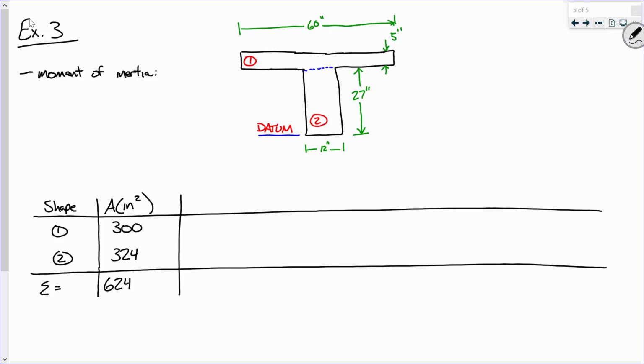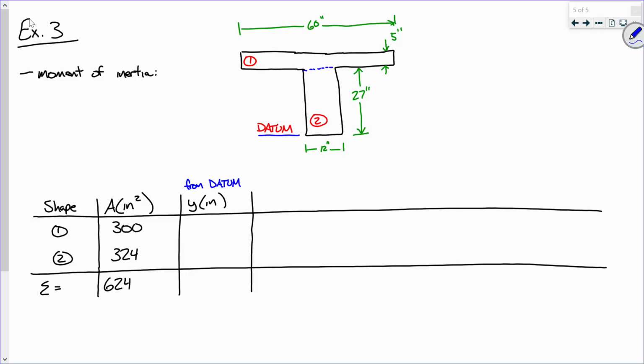Now, the next ones are going to be my Y distances, and I'll say that those are from the datum. Let's start off one at a time, with shape 1.